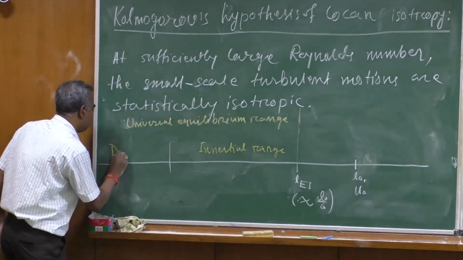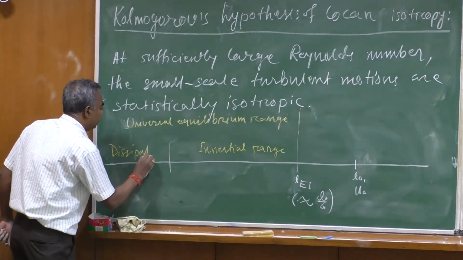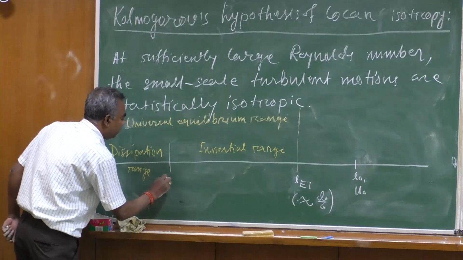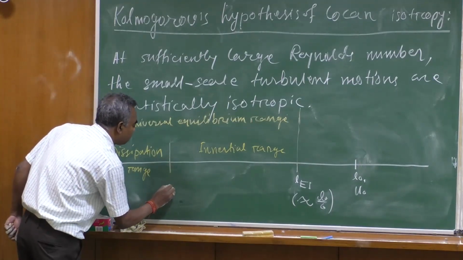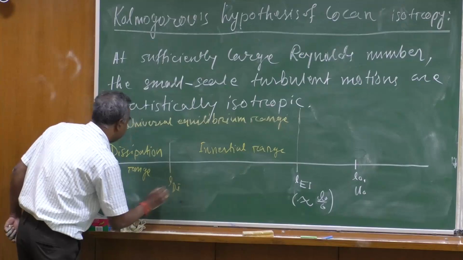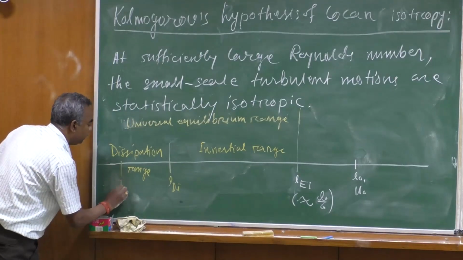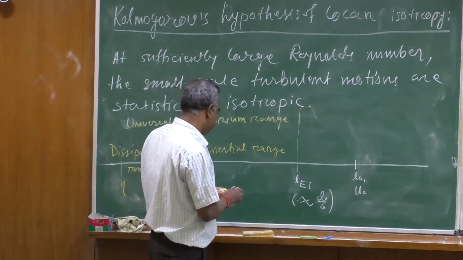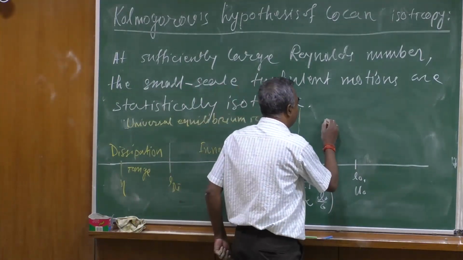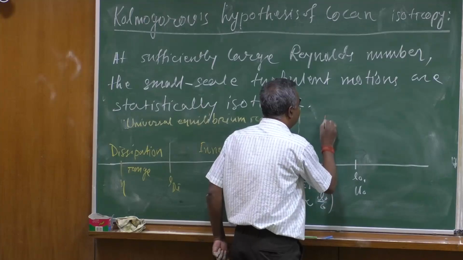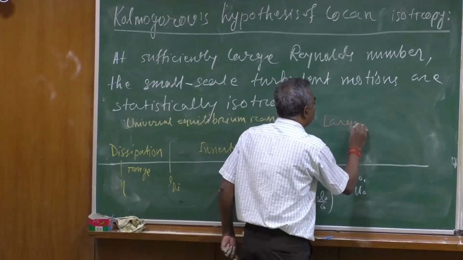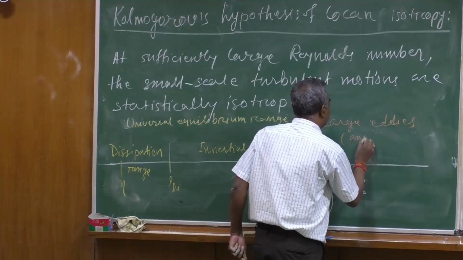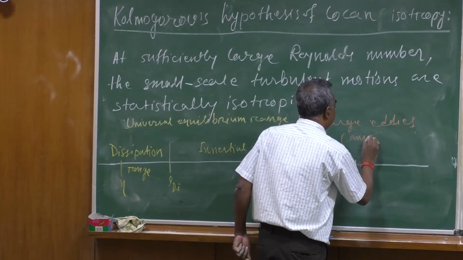And this is the dissipation range, and this is the demarcation, let us say L DI, and somewhere here let us say eta, the Kolmogorov scale, I will come to that. Let this picture be there and let me discuss. This side is large eddies, which are anisotropic in nature.